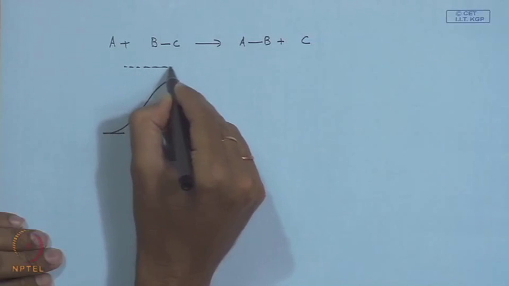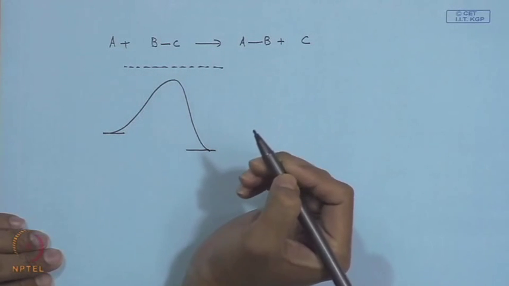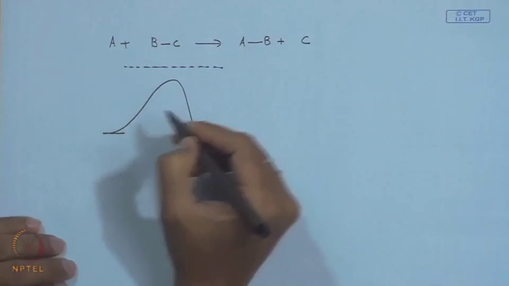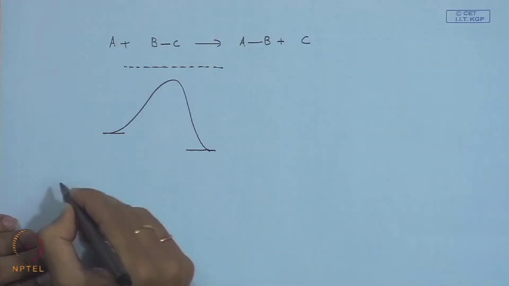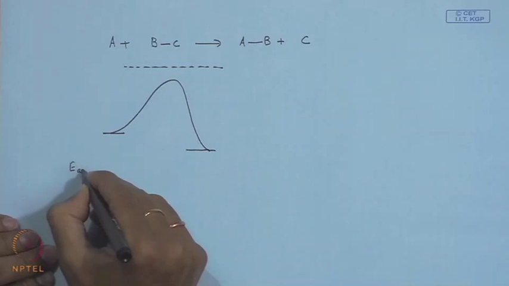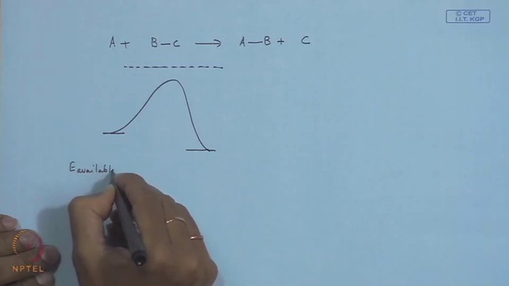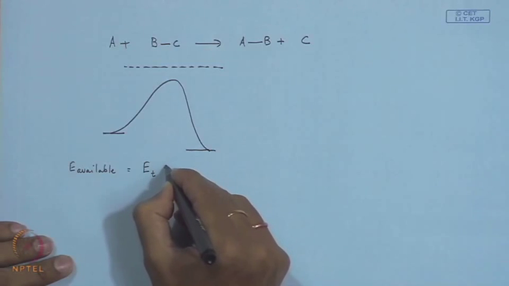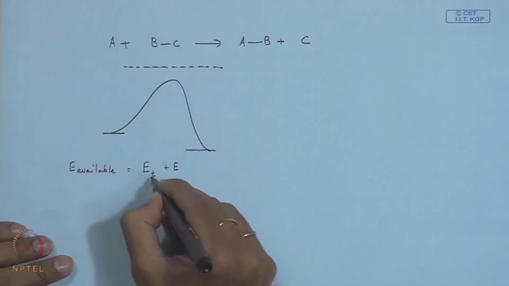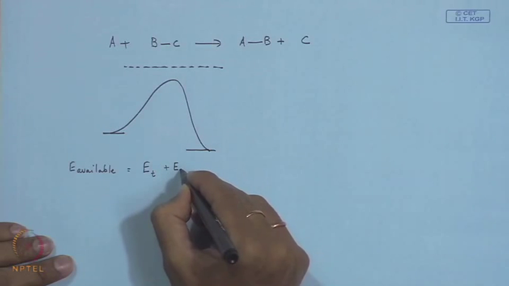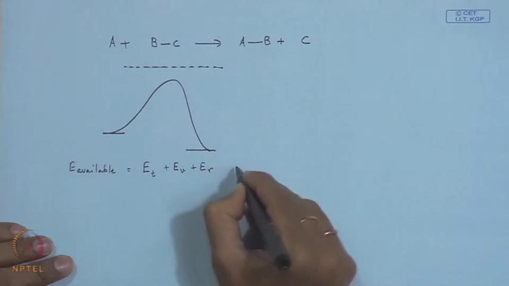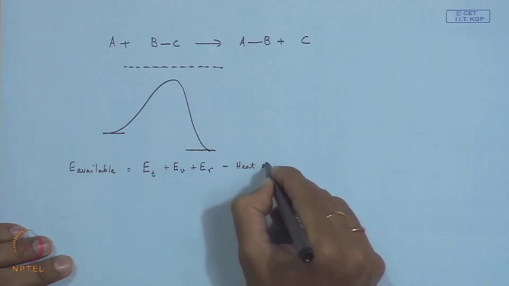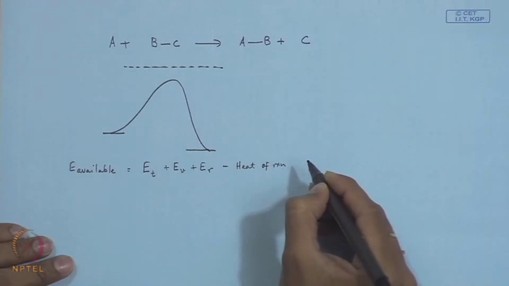So the available energy you can write as E available is E total plus E translation plus E vibration plus E rotation, minus heat of reaction, enthalpy of reaction.